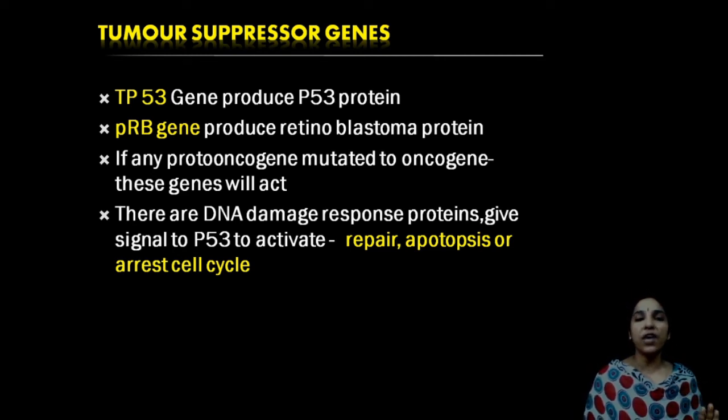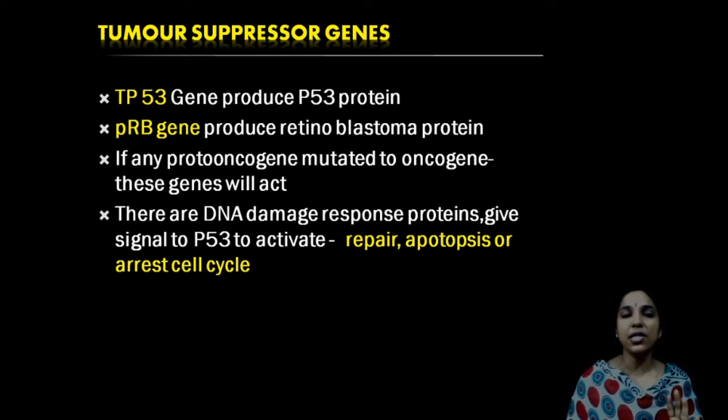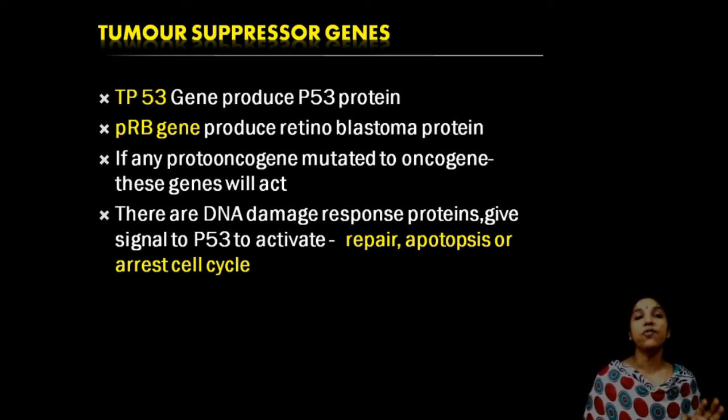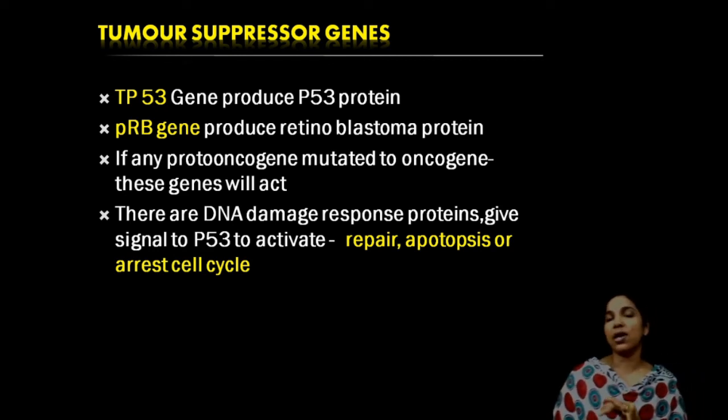Okay. So if any proto-oncogene is mutated to an oncogene, this will act. So when a proto-oncogene becomes an oncogene, this gene will generally act. Okay. So they will try to suppress it. So there are DNA damages. Response proteins give a signal to P53 to activate. It will take action. What are the actions?